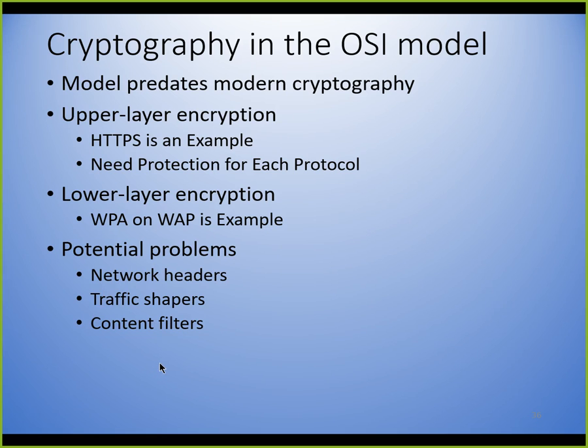A lot of these things, a number of them you probably have already used and configured. The OSI model predates cryptography. The upper layer encryption, HTTPS: if you remember, the presentation layer was responsible for security, responsible for encryption. We're not always going to do that. HTTPS, some of them we are.